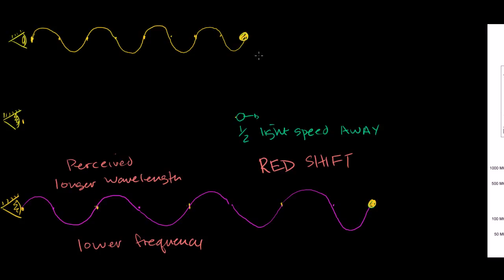Because of other properties, and I won't talk about them right now, we know that they are probably emitting light of the same color, because we know other properties of that star or of that galaxy. Now, if what we actually perceive is that this one looks redder to us than this one, then we know that it is traveling away from us. And the redder it looks, the more its wavelength is spread out relative to this other star, the faster we know that this is moving away from us.